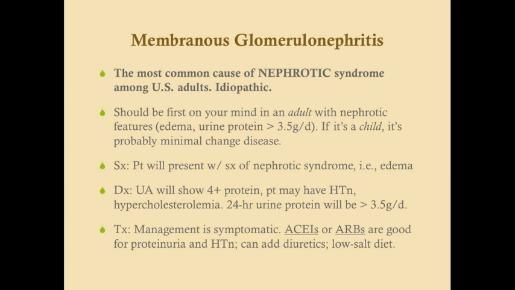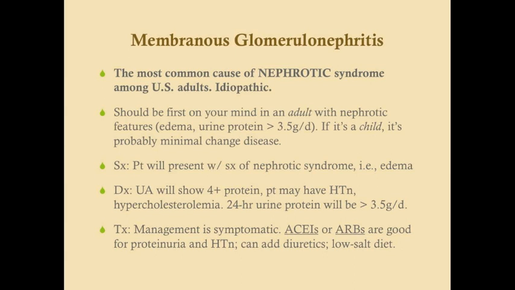So healthy patients with nephrotic syndrome, with puffiness, urinalysis 4+ protein, hypertension, hypercholesterolemia, more than 3.5 grams a day, membranous glomerulonephritis. The treatment here is going to be symptomatic. We will treat their proteinuria and hypertension with ACE inhibitors or angiotensin receptor blockers.